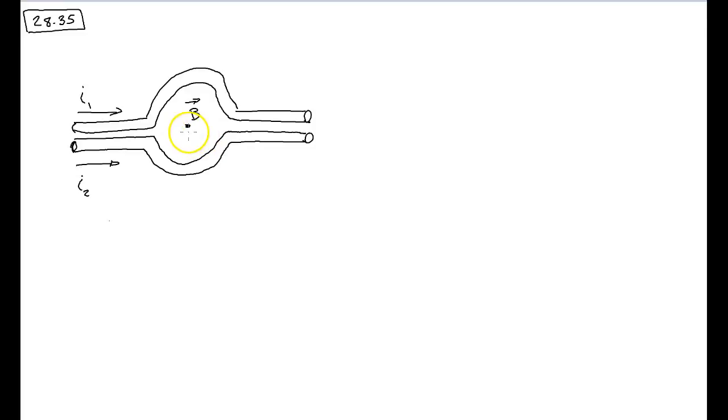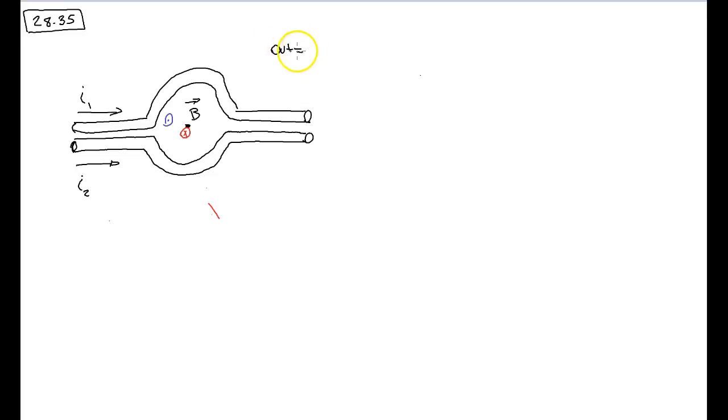And this one, coming this way, is coming out of the plane. So let's consider out of the plane of the board to be positive: out equals plus, in equals minus.